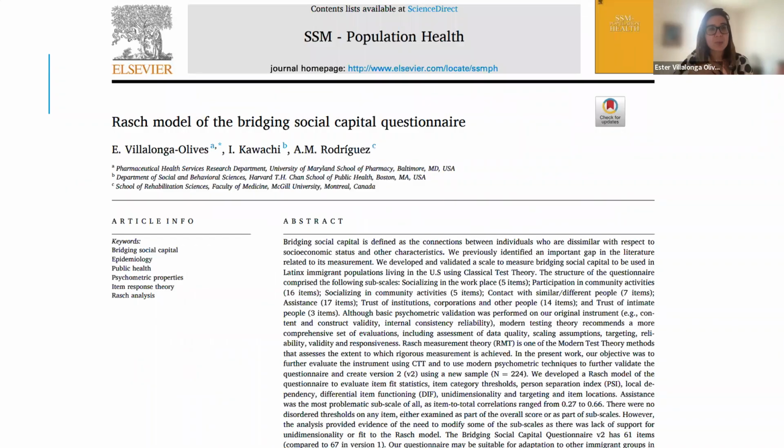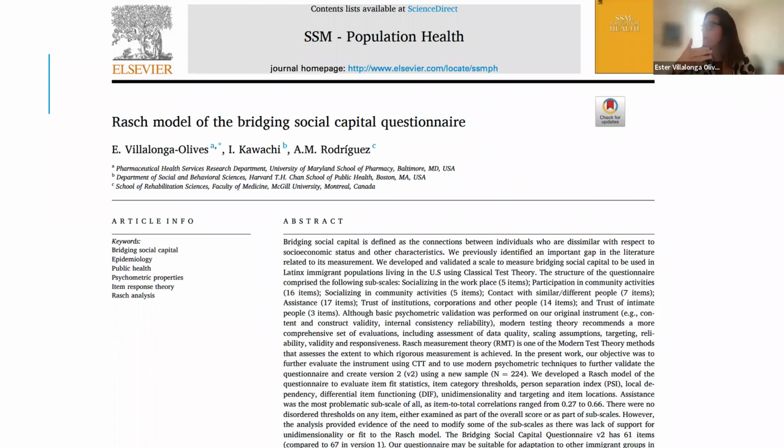Then a third paper where I take the questionnaire, but use more modern psychometric techniques to see if it works well or if it needs some more refinement. And with these modern psychometric techniques, I specifically evaluated DIF among many other things.